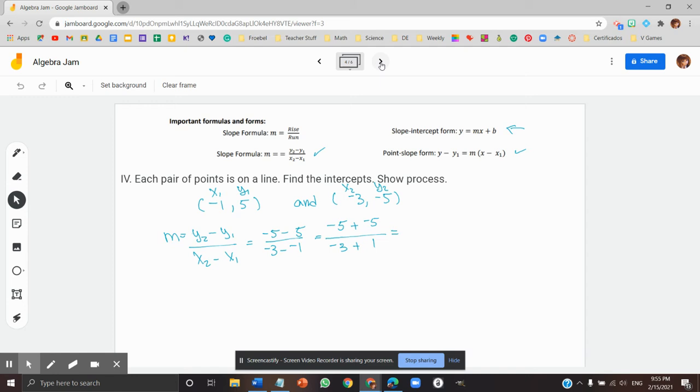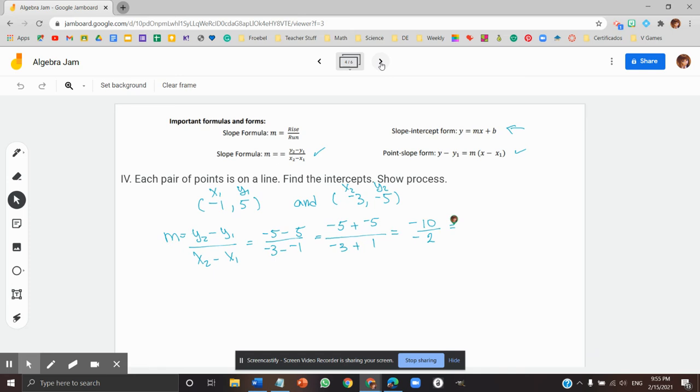So you have negative 5 plus negative 5. You're going to add them because they're the same sign, and you're just going to keep the sign. It's going to be negative 10. And negative 3 plus 1, again, they are different, so you have to subtract them, and it's going to take the sign of the biggest number, in this case, negative 3. This is going to be negative 2.